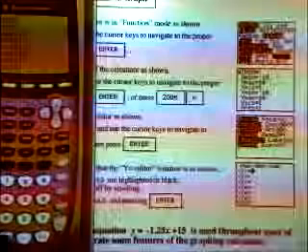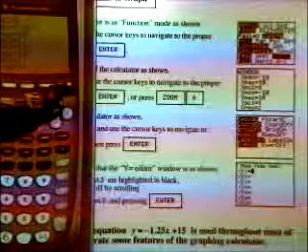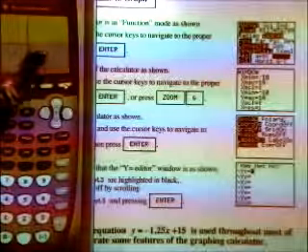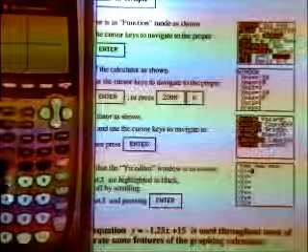So what this means is the X-min means that when I put a grid, so if I press the graph button and I have my grid, this is negative 10. That's my minimum X value. Positive 10 is my highest X value. And then that X-scl stands for X scale.